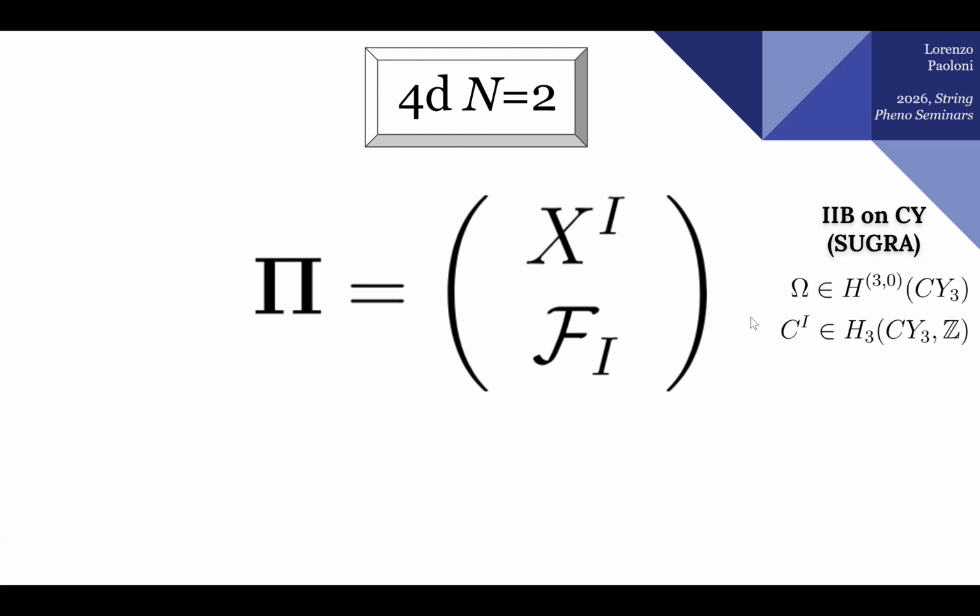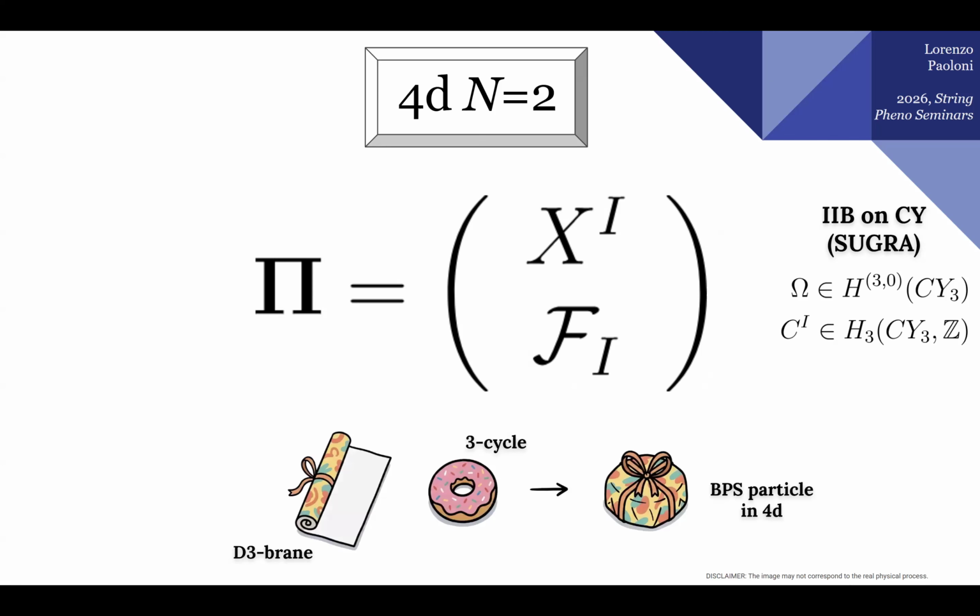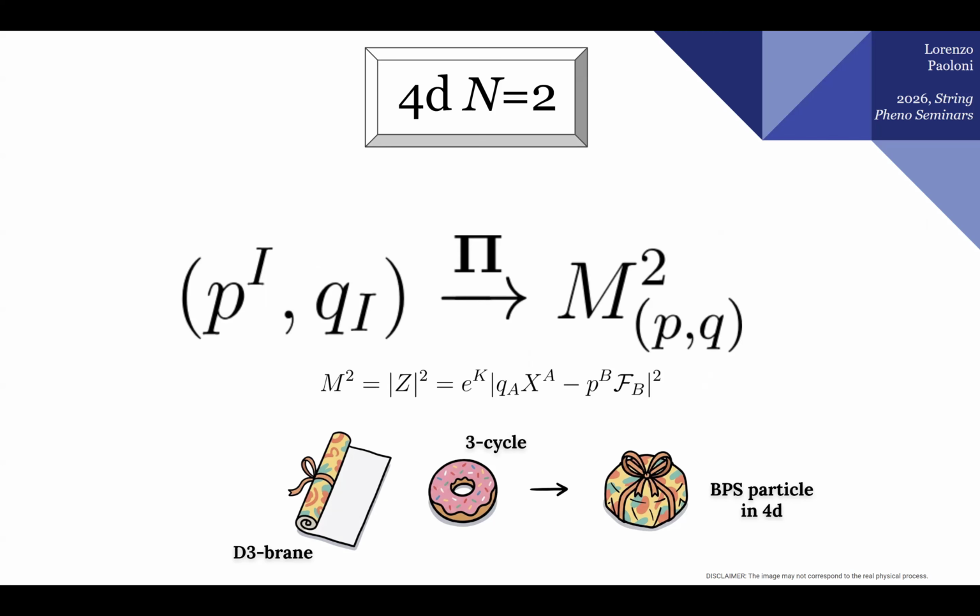So the entries are literally the volumes of the 3-cycles. In this setup, wrapping D3-branes over these cycles gives BPS particles, and their mass can be extracted directly from this period quite easily. In this sense, given an electric and a magnetic charge, the period defines a map from these integers to the mass of the corresponding BPS state.